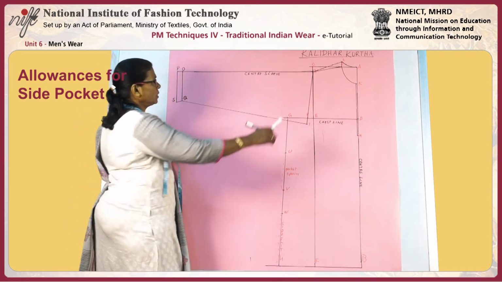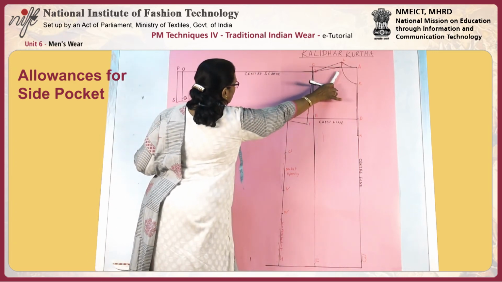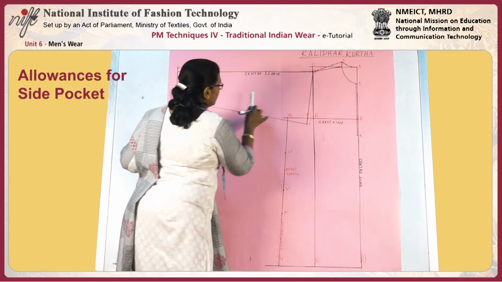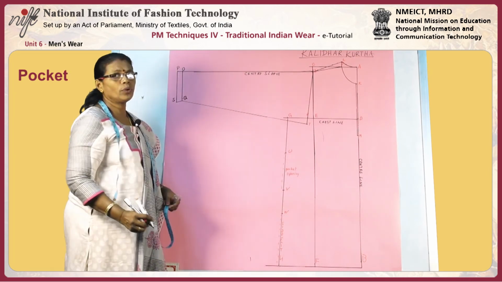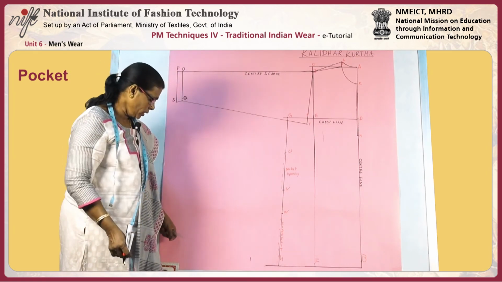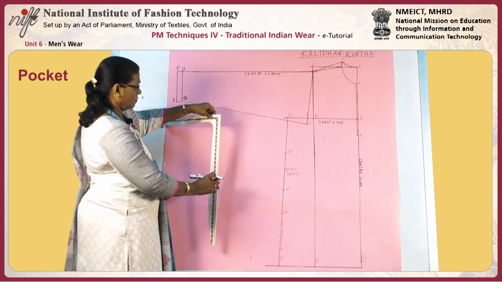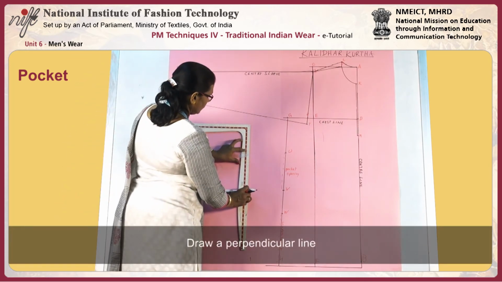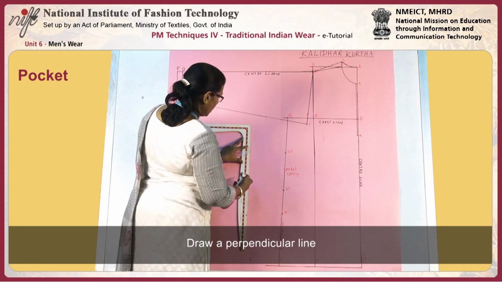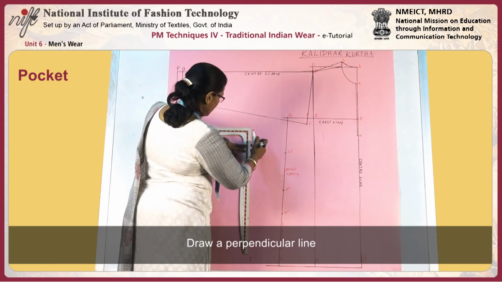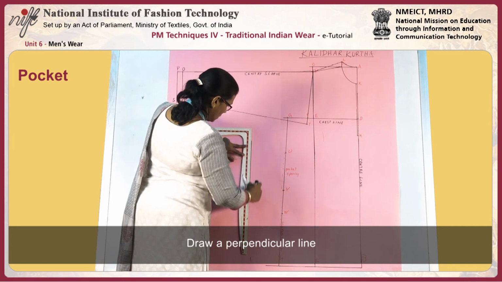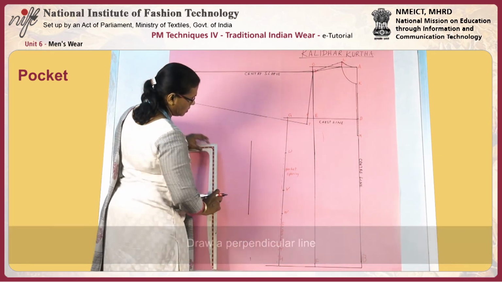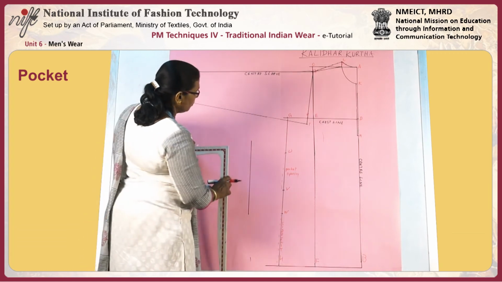So, we finished front, back, sleeve and the side panel. Now, we are going to draw the pocket. Draw a perpendicular line. And the pocket bag.